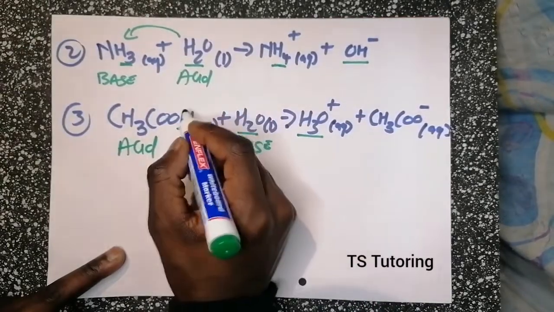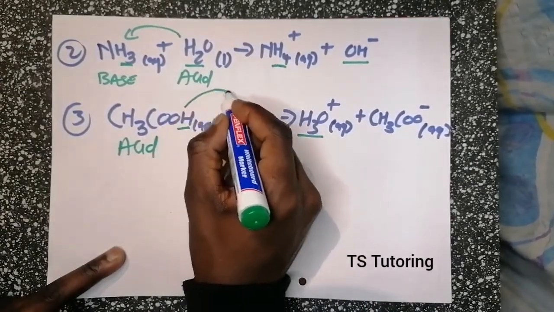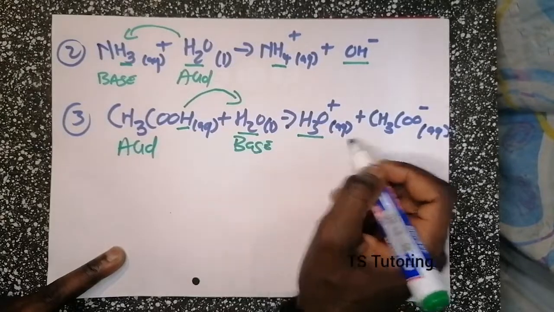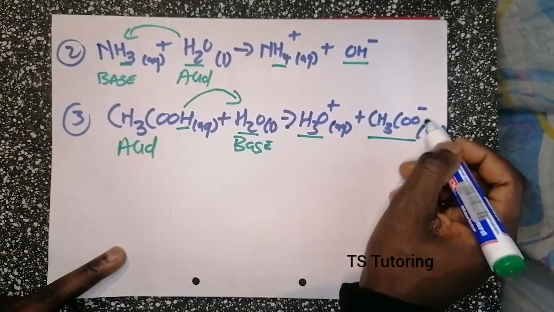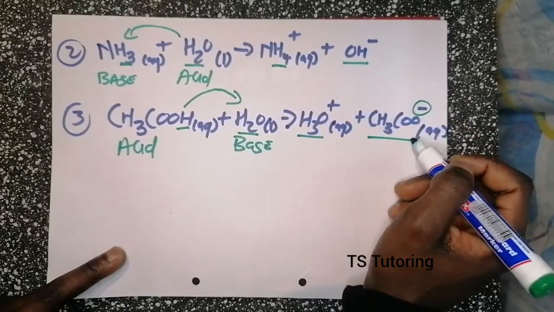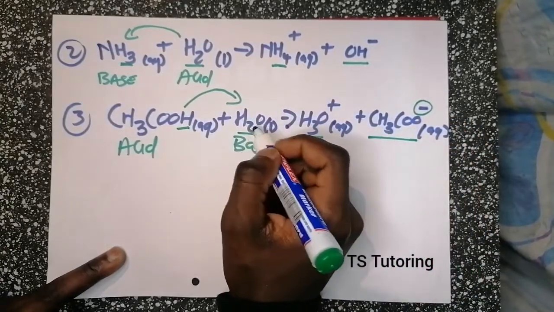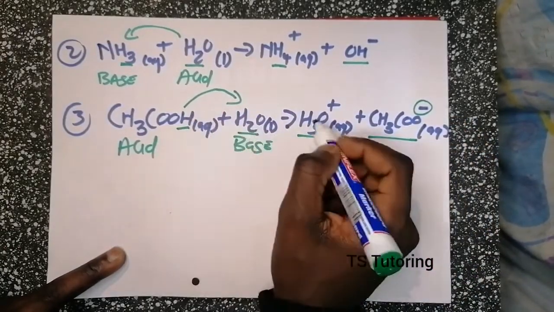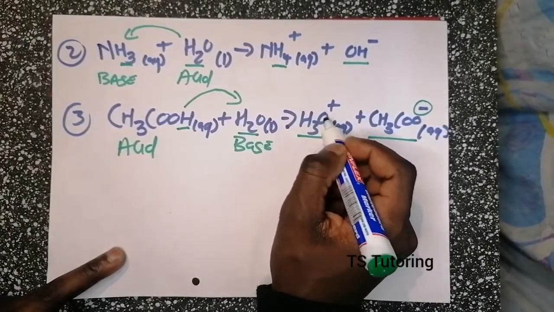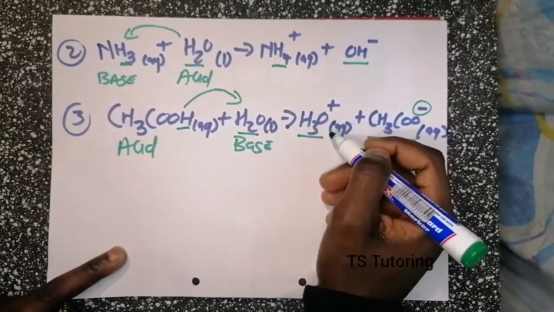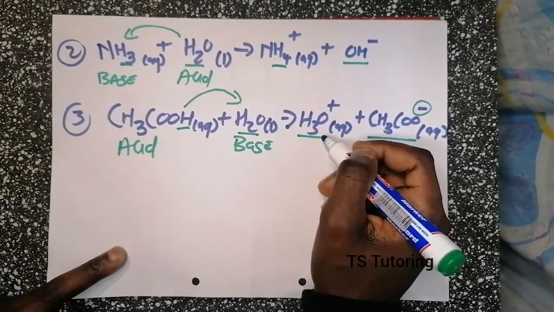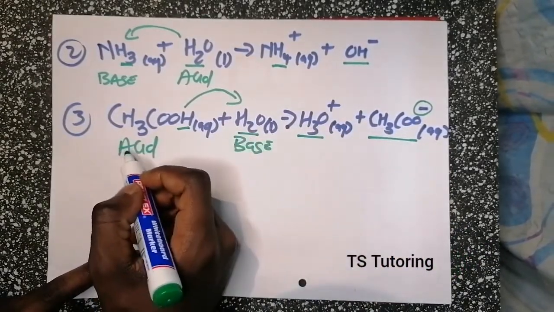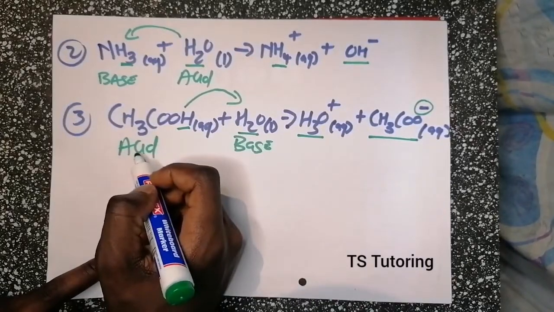Acetic acid gave this hydrogen, and on its side there's no hydrogen. It lost the hydrogen, hence the negative ion. The water accepted this hydrogen, therefore it had 3 hydrogens and an oxygen, forming this cation of ours. So water is the base, acetic acid is an acid.